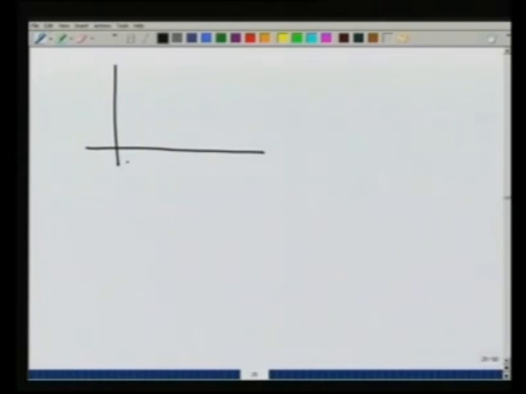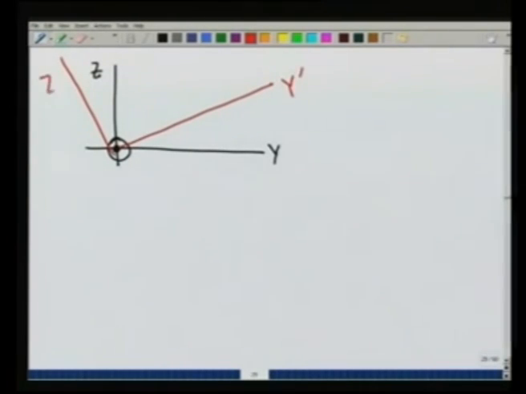So, let us say we have x, which is coming out, y and z, and suppose we take the new frame by rotating about the x axis. x is the same. So, this is going to be y prime and this is going to be z prime by an angle theta.